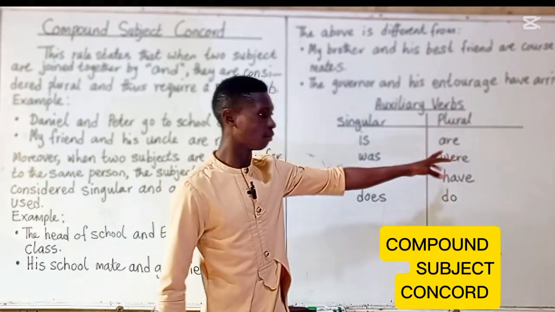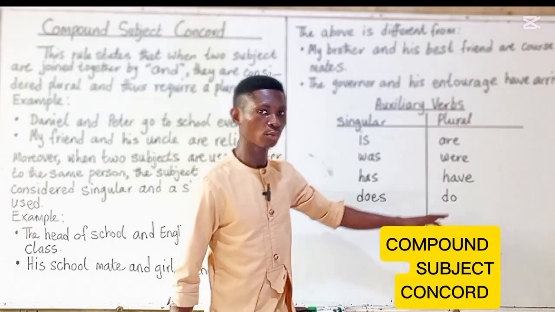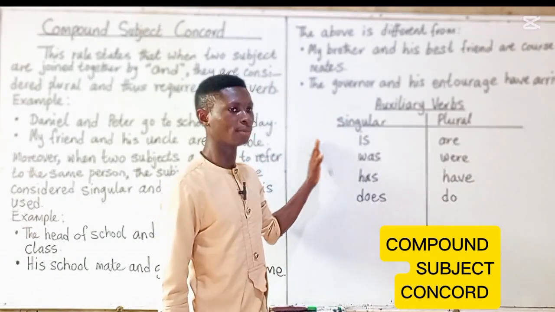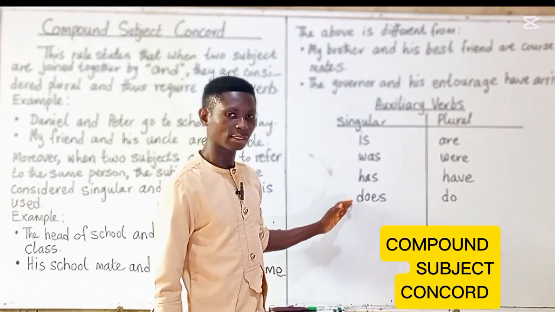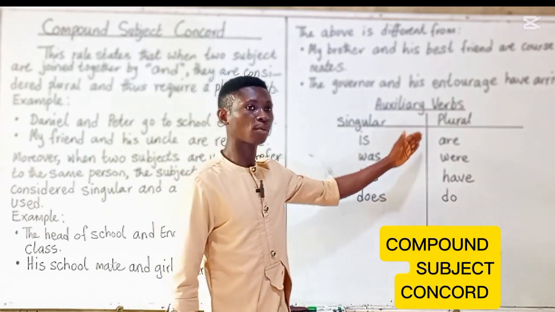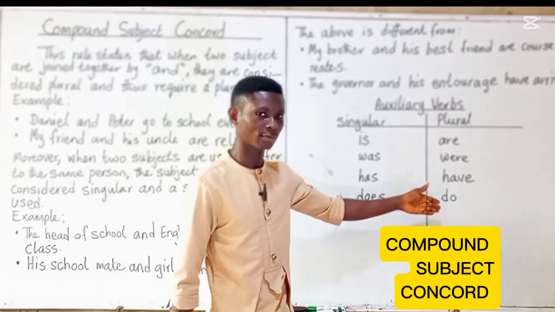Then on the plural form, we have are, were, have, and do. So in any sentence that you have a singular subject, any of these should be applicable. But if you have a plural subject, then choose one of these.